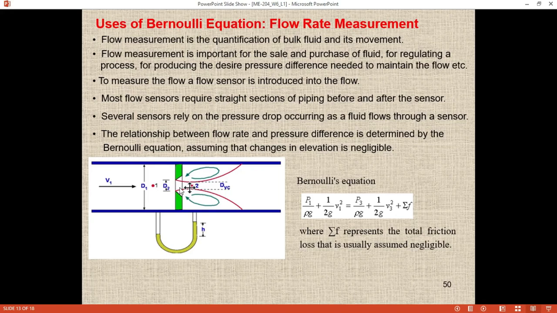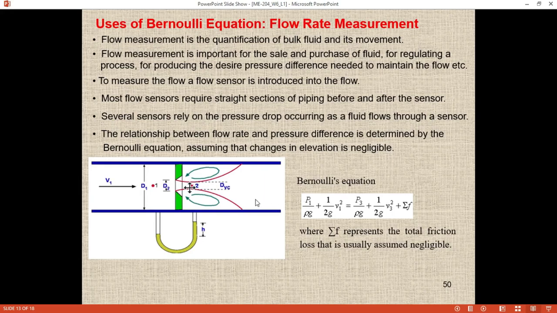To calculate the pressure across the orifice, apply the Bernoulli equation between the inlet section and the exit section. So this is the Bernoulli equation.